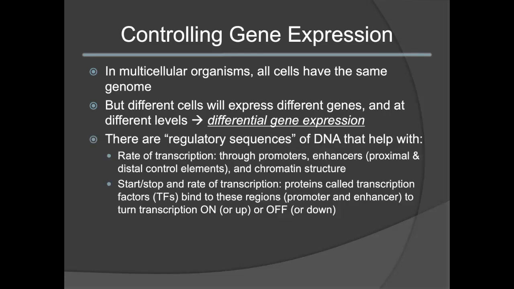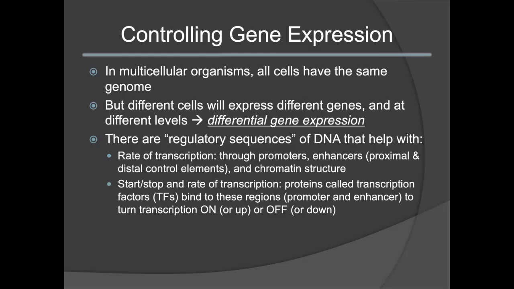The way this is carried out is by having specific regulatory sequences of DNA that will help control rates of transcription. This can be done through the promoter and enhancer regions as well as changing chromatin structure. One can also start, stop, and regulate the rate of transcription.